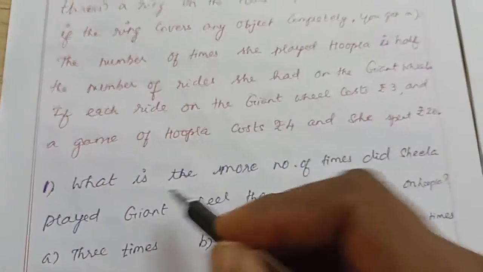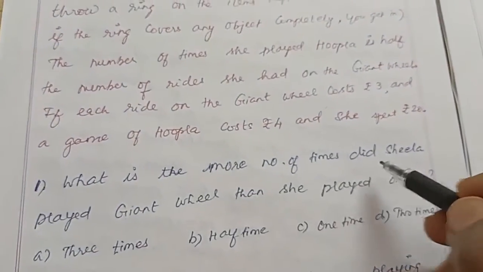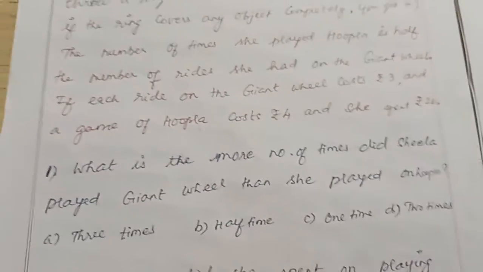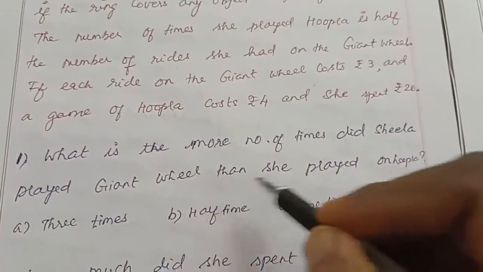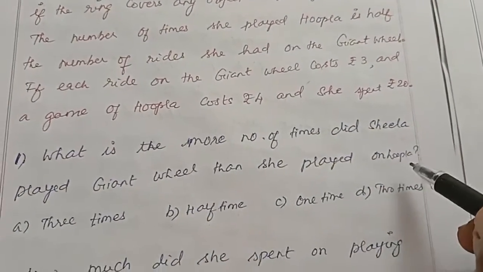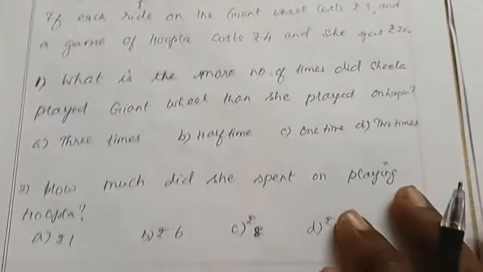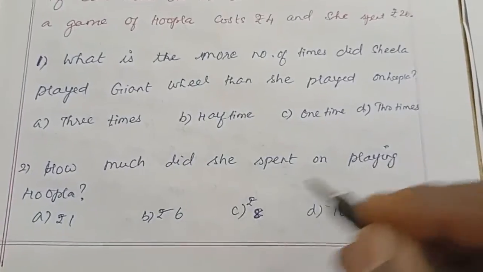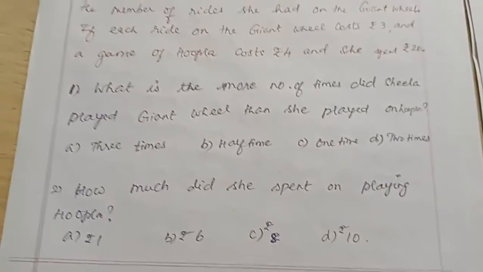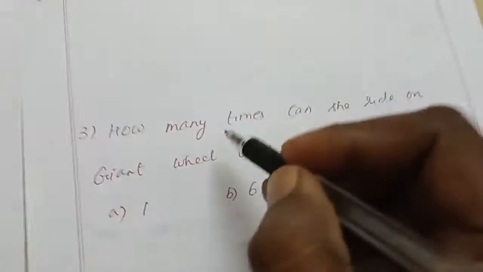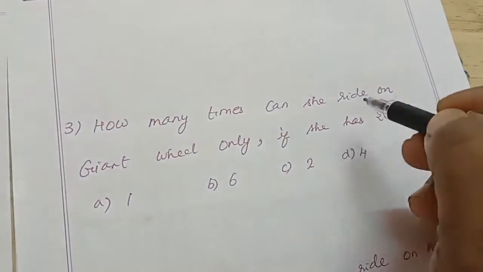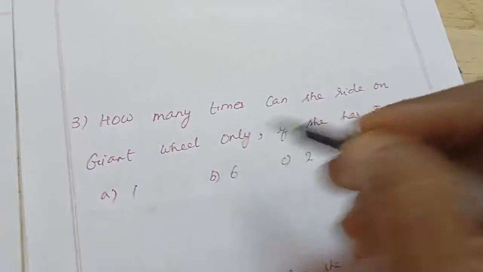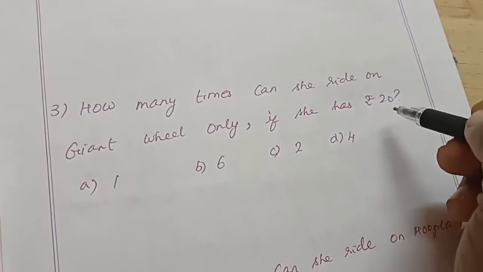First question: how many more times did Sheila play on the giant wheel than she played hoopla? 4 options are given. Second, how much did she spend on playing hoopla? Third question, how many times can she ride the giant wheel only if she has rupees 20?